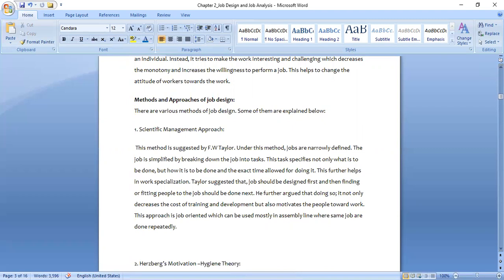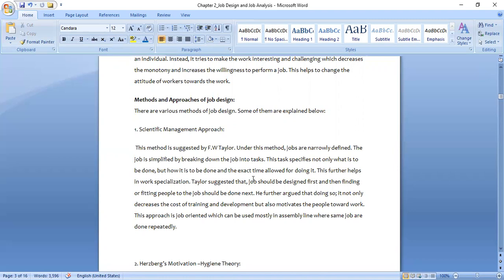The first method is what we call the scientific management approach, spearheaded by F.W. Taylor, Frederick Winslow Taylor. According to him, a job should be divided, broken down into different tasks.